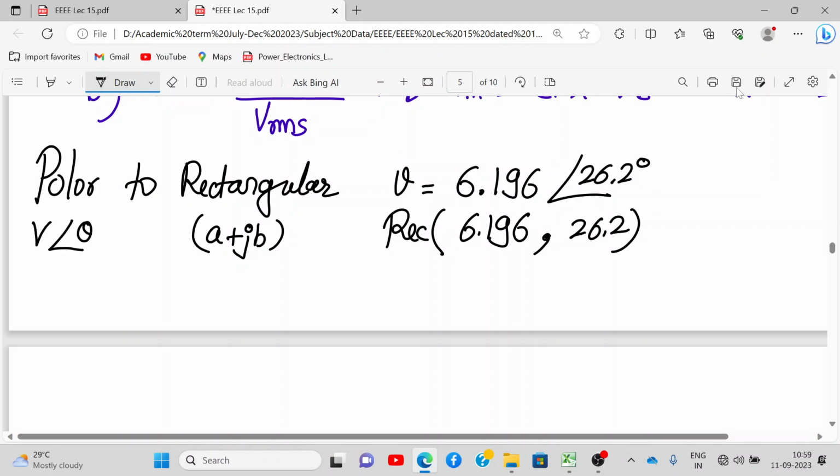Shift REC, na? Does the REC come? So press shift REC in your calculators and type this 6.196 comma 26.2. What do we get? And press enter. What do you get? 5.55 and 2.73, right?